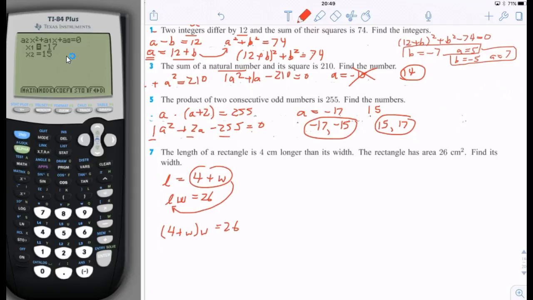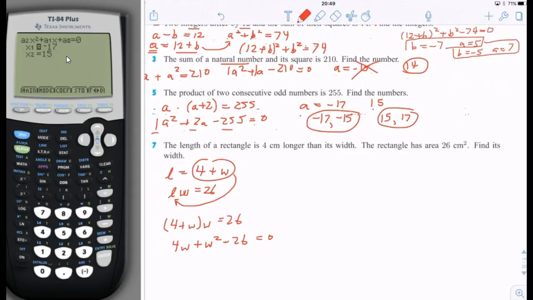Okay, and then now we're going to make it into a quadratic. So it's 4w plus w squared minus 26 equals 0. Move everything to the left side. Makes it easier for the calculator to figure it out. We're going to order it like we traditionally do, with w squared first, 4w second, and then minus 26 equals 0.